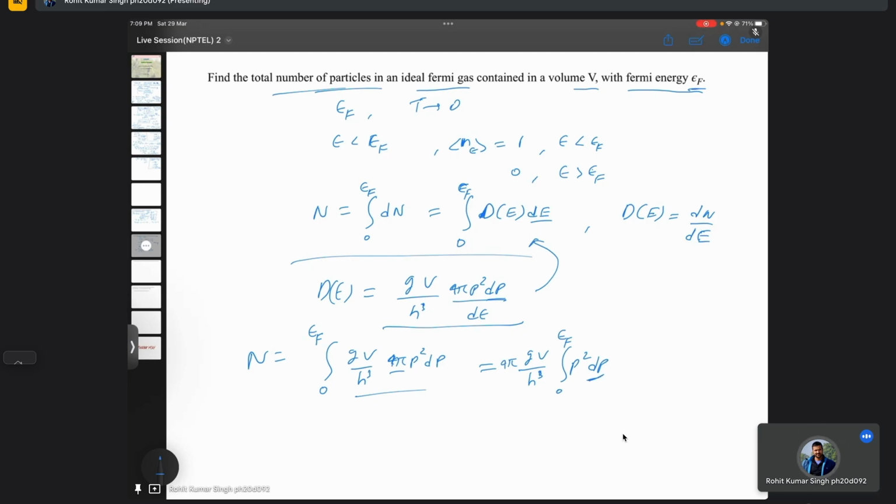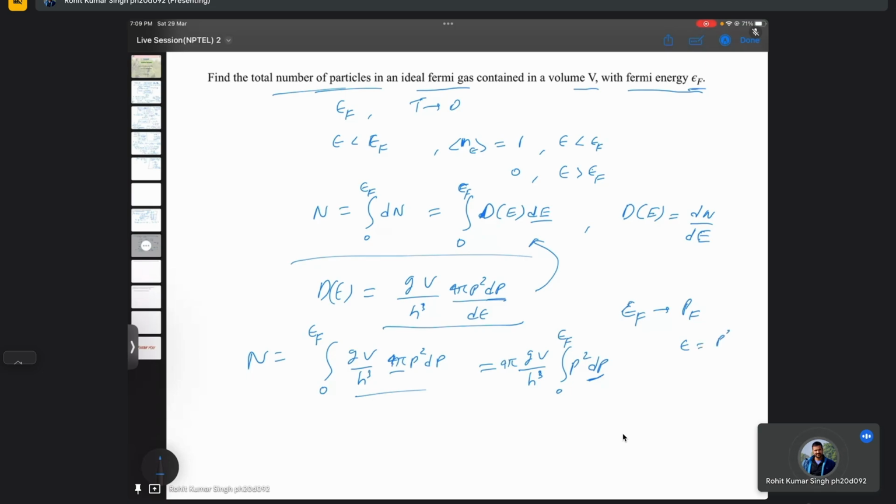here the integrand is in terms of momentum, okay? So for Fermi energy we have a Fermi momentum also. These are related by the relation between the energy and momentum, right?